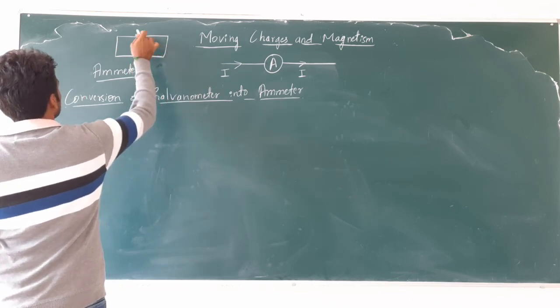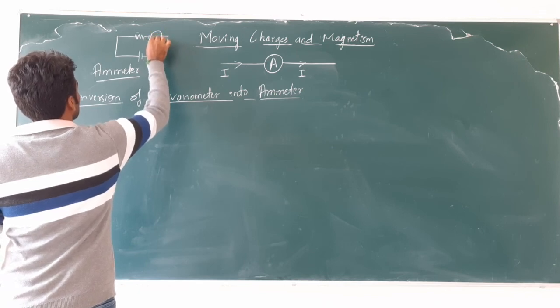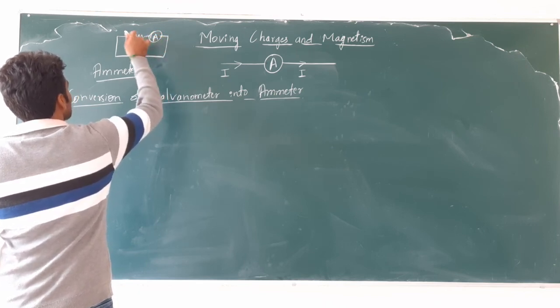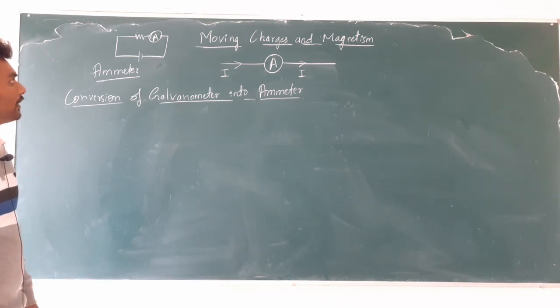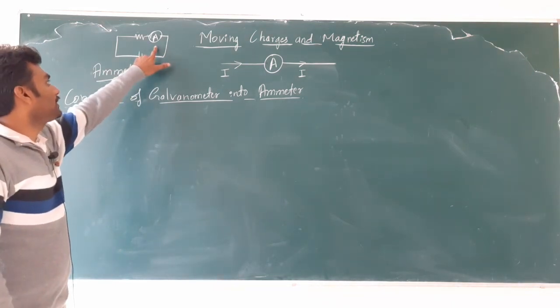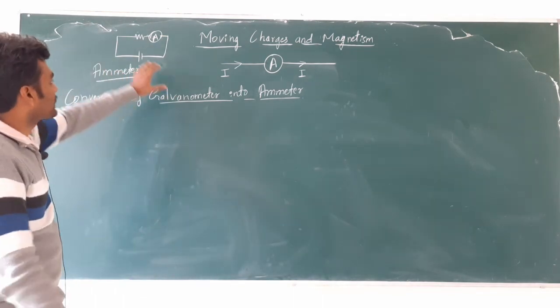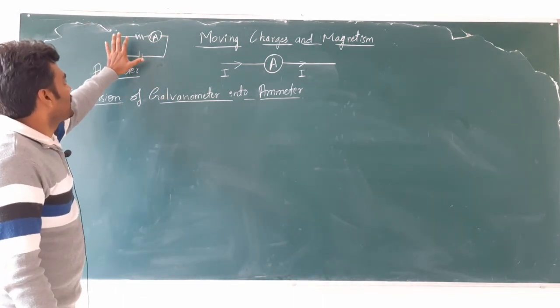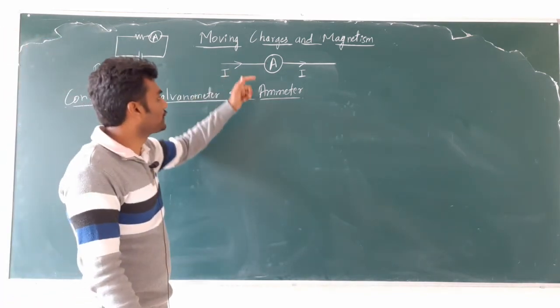If you want to measure the current through this resistor, we connect the ammeter here, in series with the resistor. That will give us the value of current. So keep that in mind. The ammeter as a whole device is connected in series in the circuit to get the current. Let I be the current flowing through the circuit.